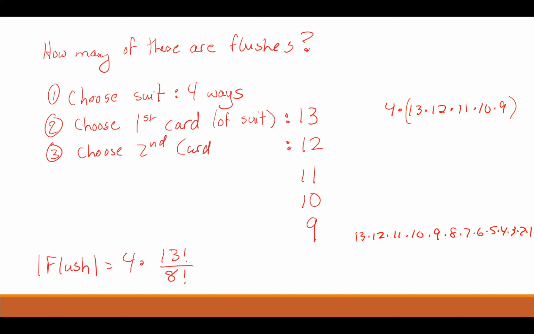If I wrote out 13 factorial completely and then divided it by 8 factorial, on the top I have 13 factorial, on the bottom I have 8 factorial. If I expand those out, these parts cancel and I'm left with 13 times 12 times 11 times 10 times 9. So this is simply a way to express this number here.